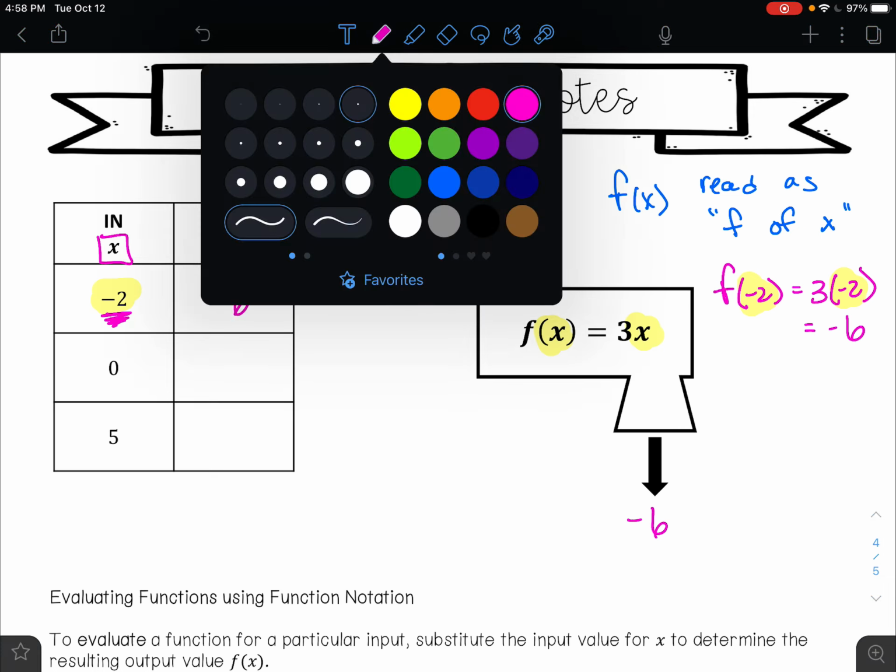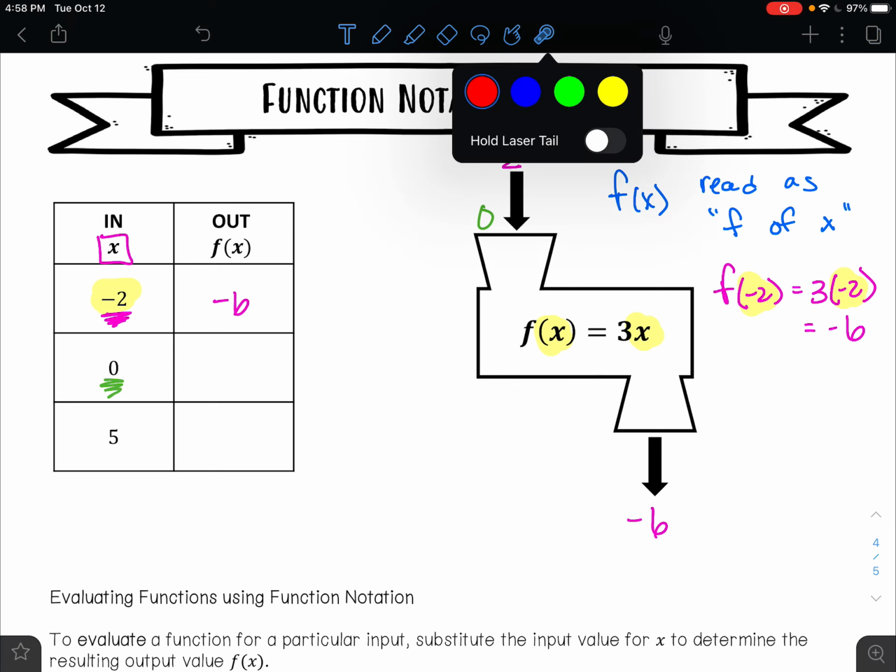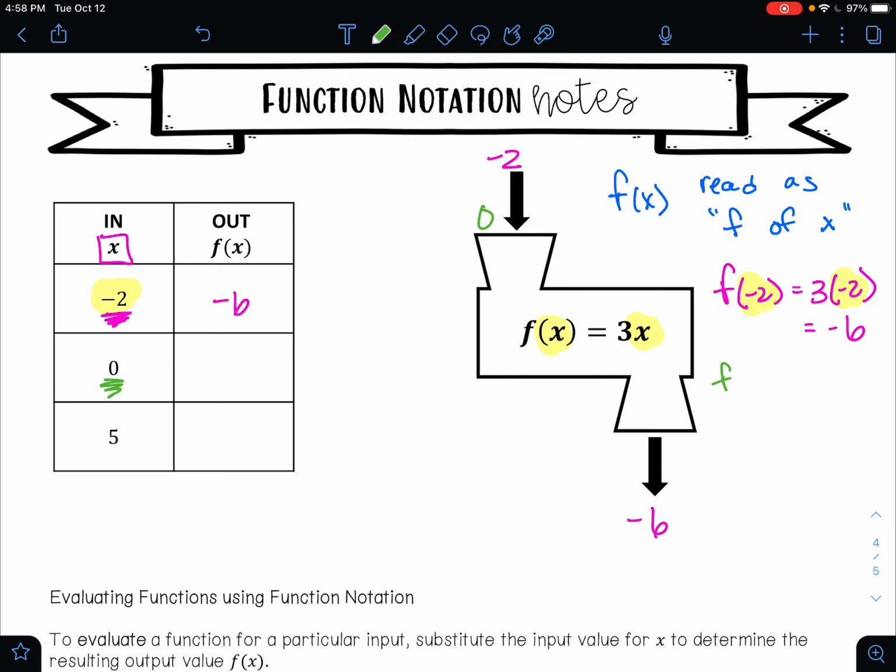Let's try that again for a different one. Now we're going to try when x is 0. So when x is 0, it goes into the machine. So every time I see an x in f of x, I'm going to replace it with 0. Nothing to do over here. This is just telling us the notation. Hey, you're looking at the function f and you're replacing x with 0. Over here, we're going to do 3 times 0, which is 0.